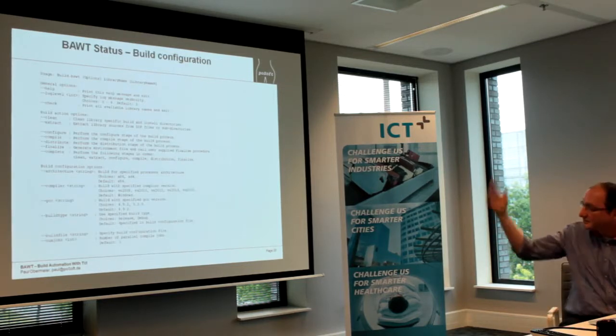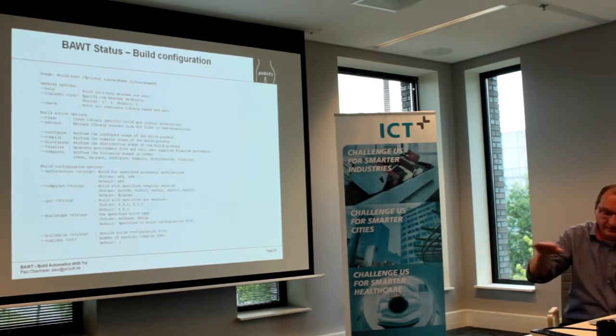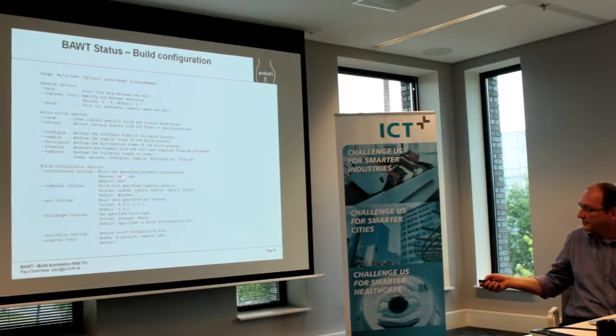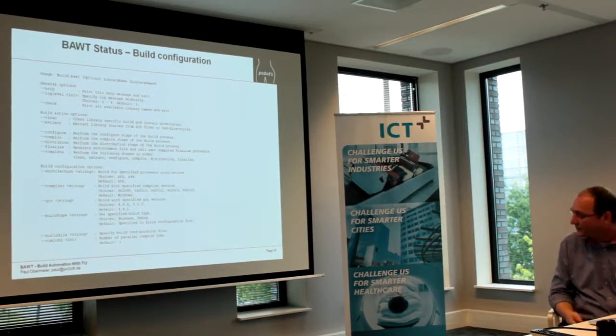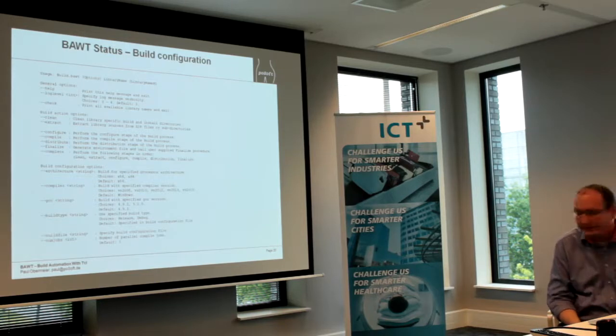It has several options. The library-specific configuration is done in these setup files, and it has several options to specify whether I want to use a 32 or 64-bit compilation, which compiler, especially which Visual Studio version I want to use.